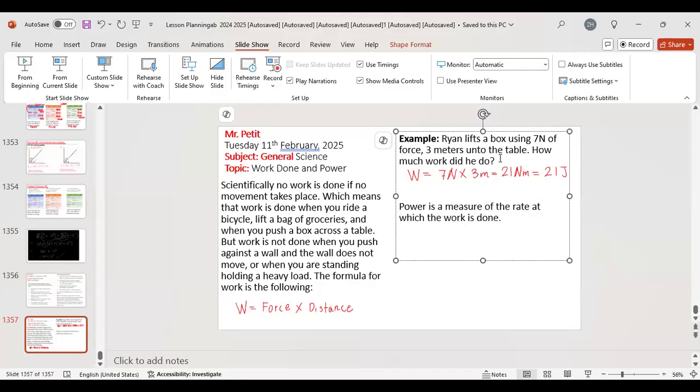So how fast is the work being done? That's what power is. Again, power is a measure of the rate at which work is done. The formula expressed mathematically.